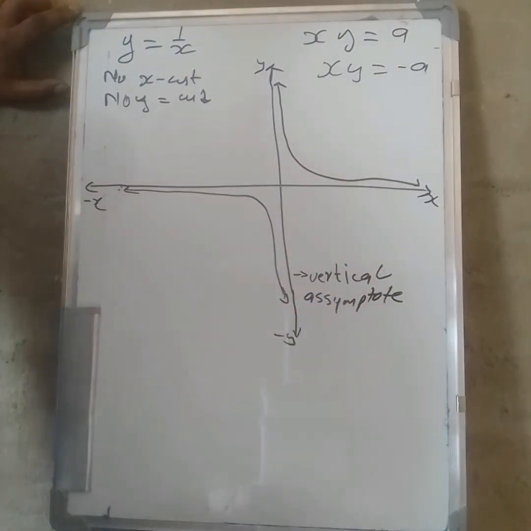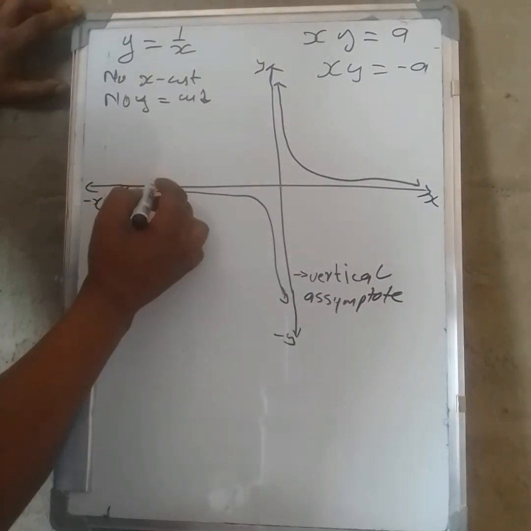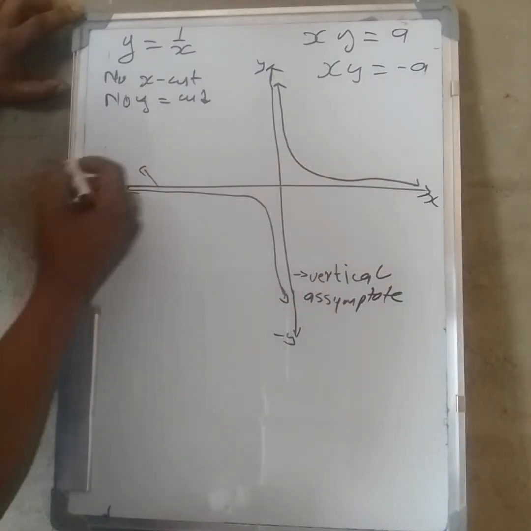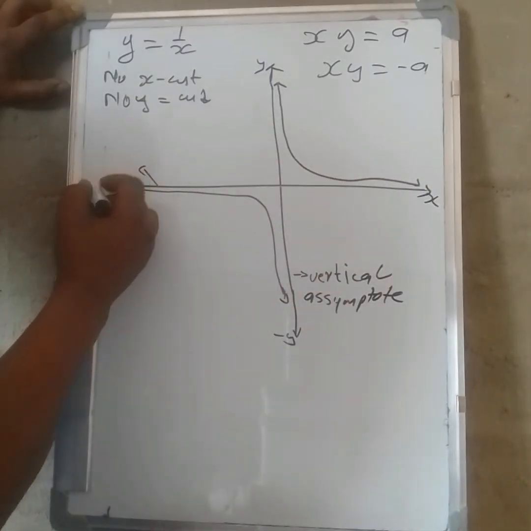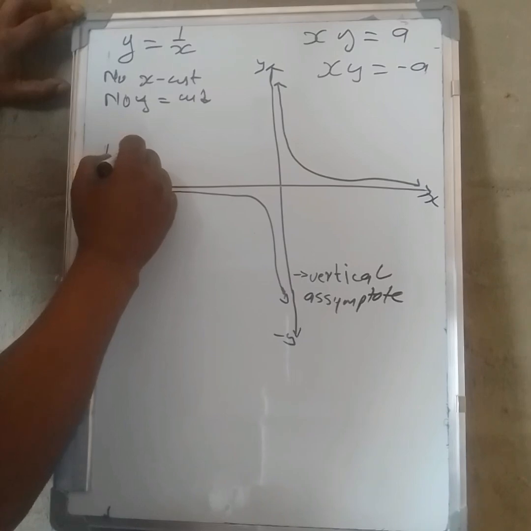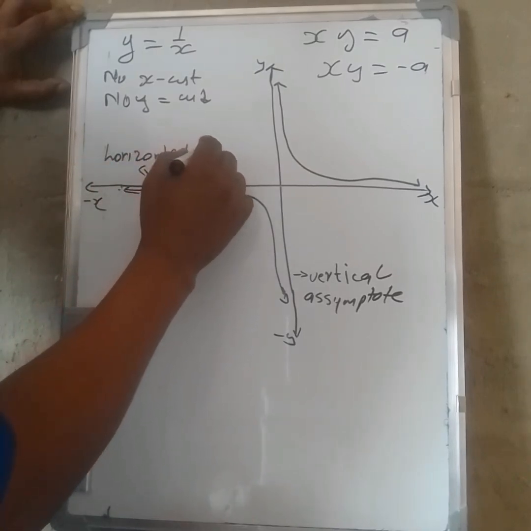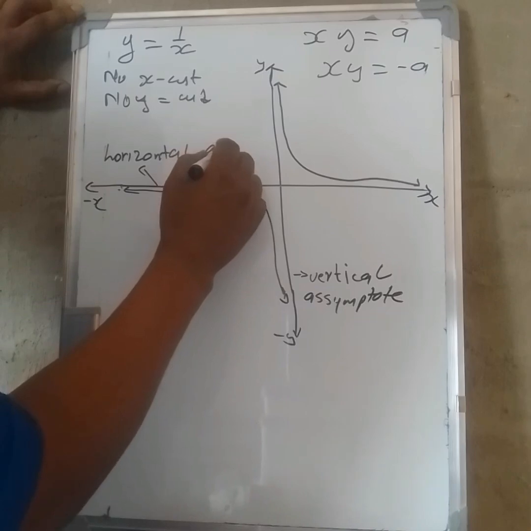And when we're talking about the line that the graph is not going to touch, that is the horizontal line, we are going to say this is the horizontal asymptote.